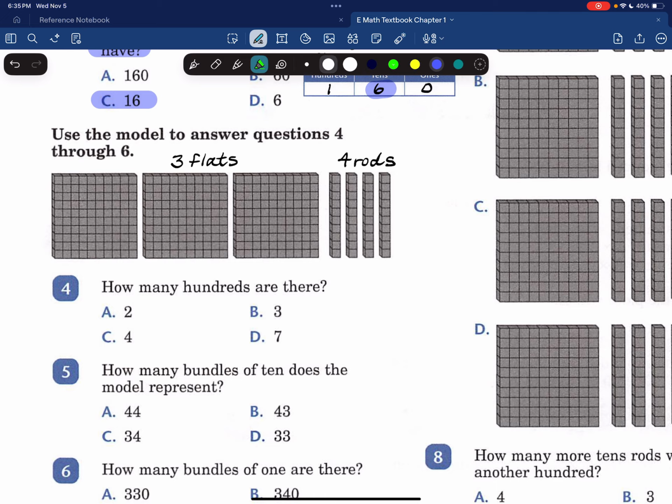Question 1, or actually question 4. How many hundreds are there? So the key word is hundreds, and my brain is telling me that means flats. And there are how many of those flats? There are 3.